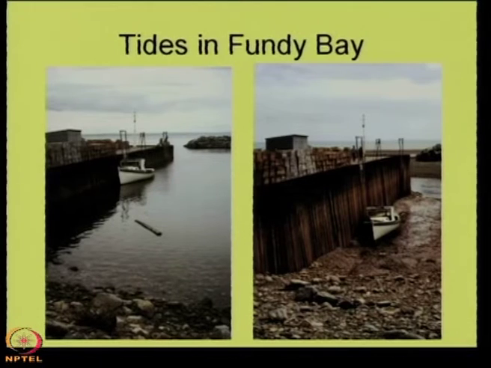So, this picture shows you a place called Fundy Bay, and it shows you the same location at high tide, where the level of the water is high, and at low tide where the level of the water has gone down considerably and the sea has receded quite some distance.